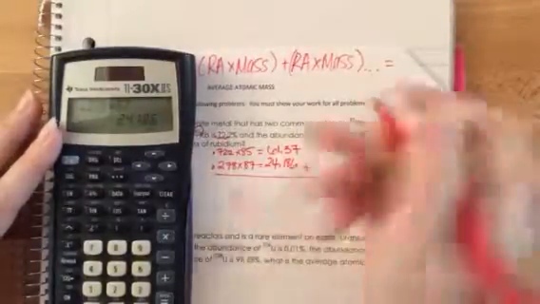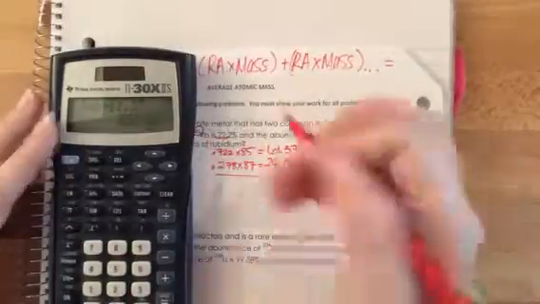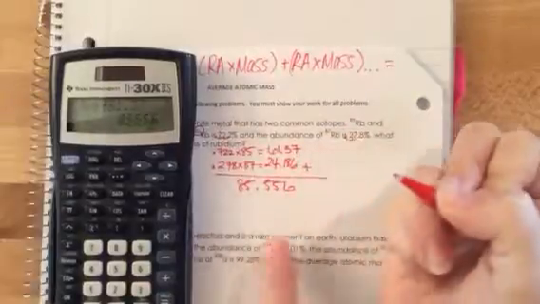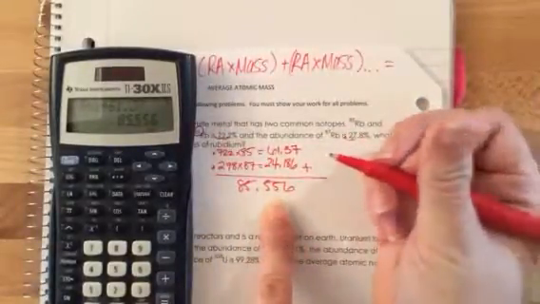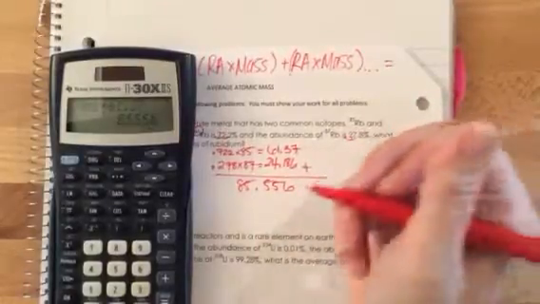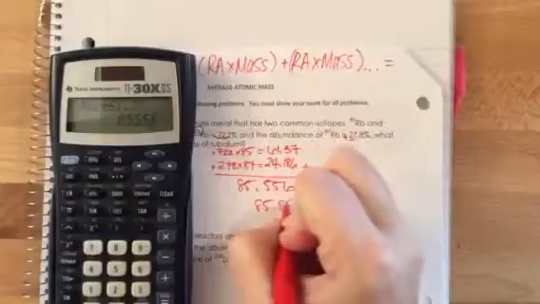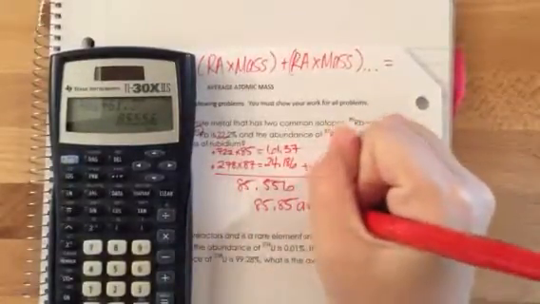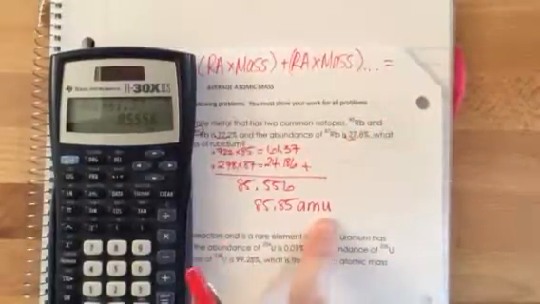That's 24.816, and I would add those two together. When I add these two together, I get 85.556. For right now, we're just rounding to 2 decimal places because we haven't learned about significant figures yet. So we would just have 85.56. The unit that's actually used for these is AMU, atomic mass unit.